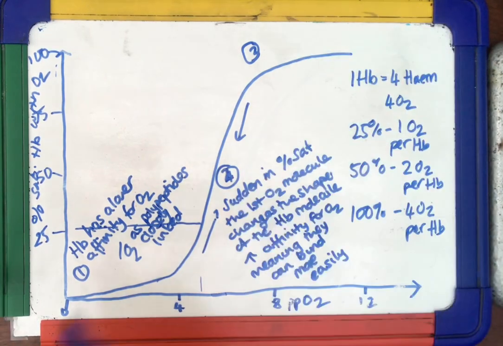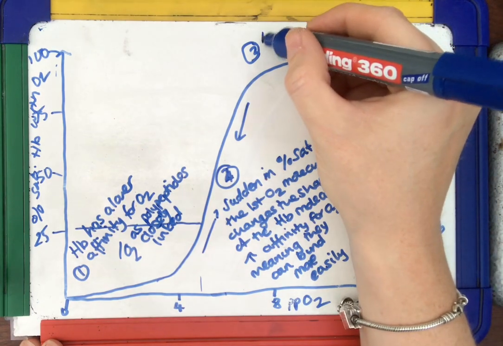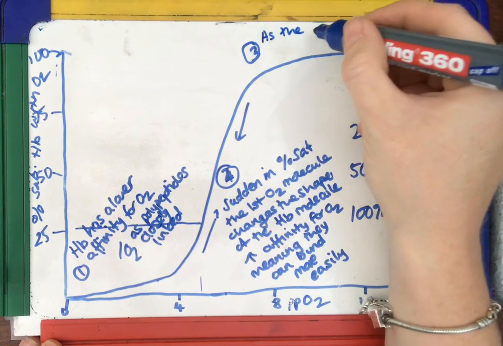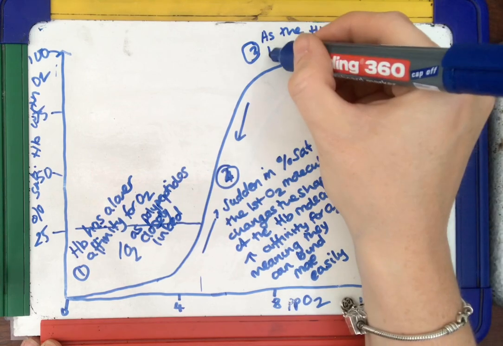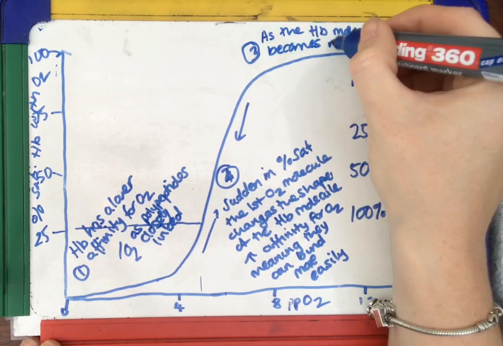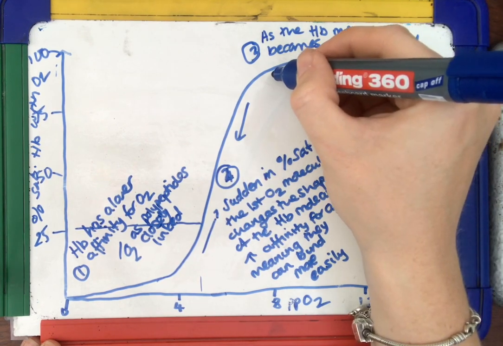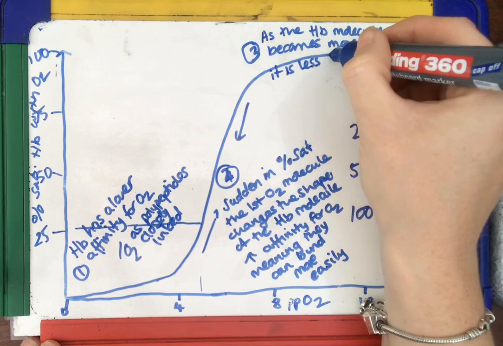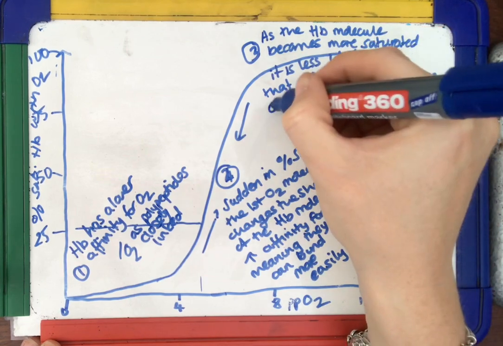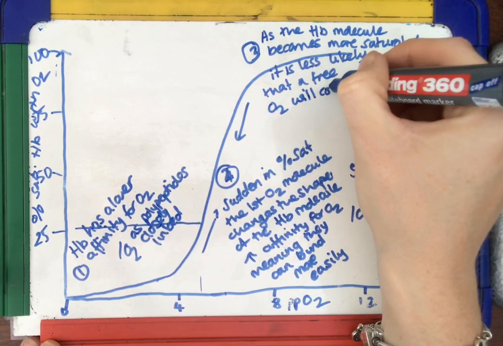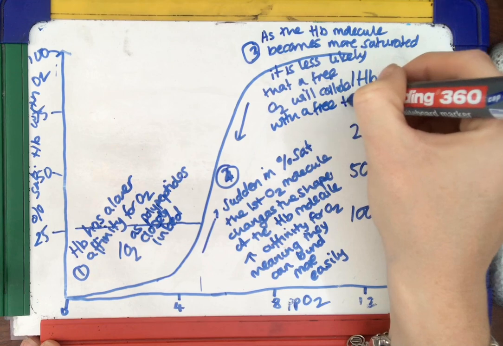So we're just going to write that down. As the hemoglobin molecule becomes more saturated, it is less likely that a free oxygen molecule will collide with a free heme group.